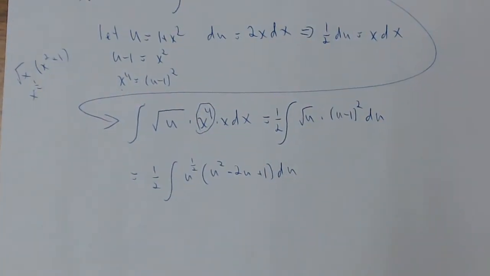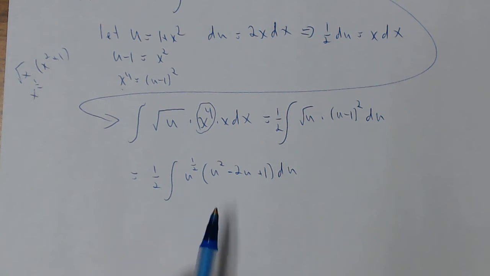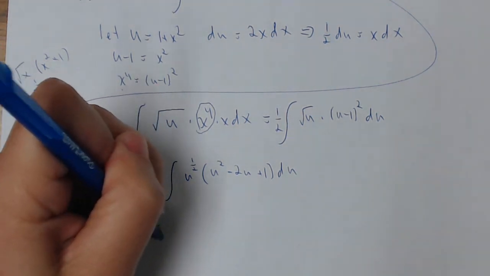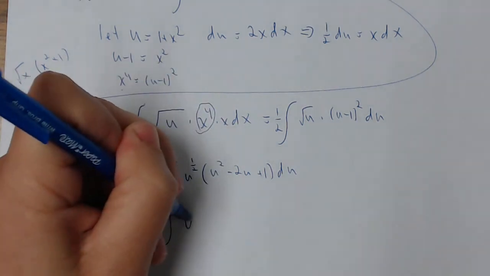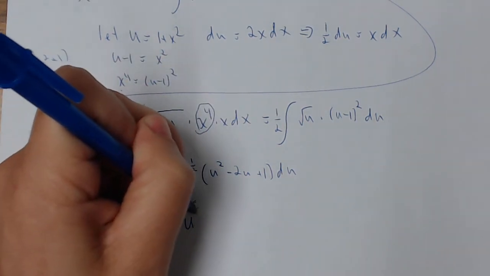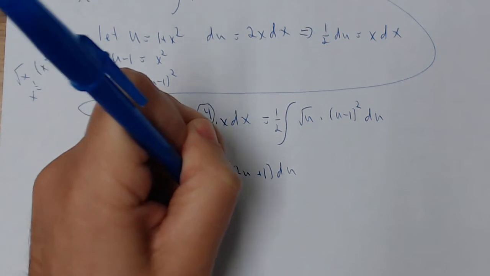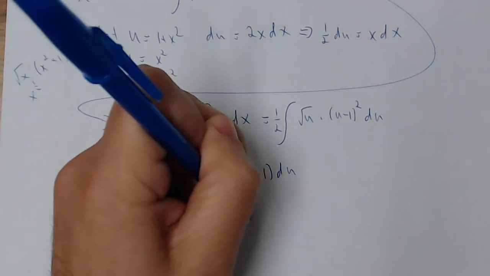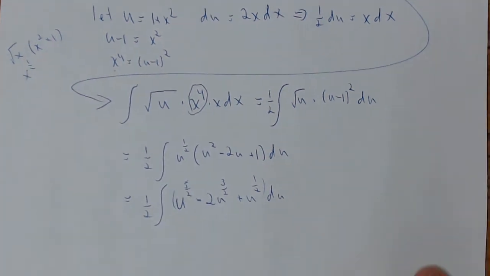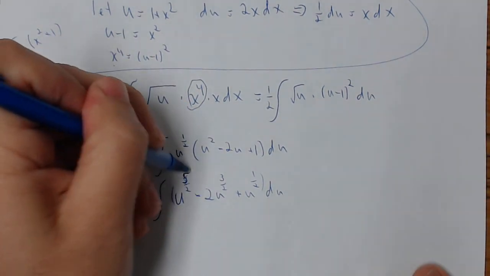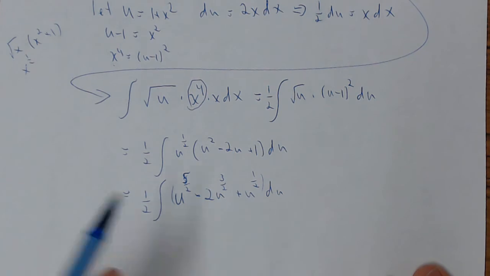Now look at what's nice about this. I could distribute this. If I distribute the u to the 1/2, I get 1/2 integral of u to the 1/2 times u squared is u to the 5/2, minus 2u to the 3/2, plus u to the 1/2 du. Now look at how nice this is. I could find the antiderivative of this, right? Because all of these give us nice results.